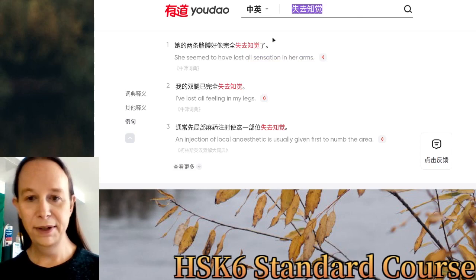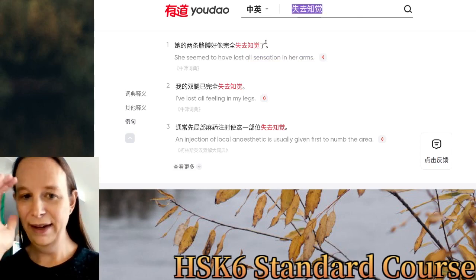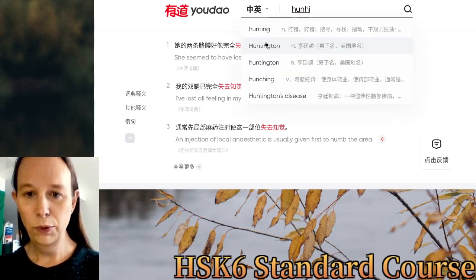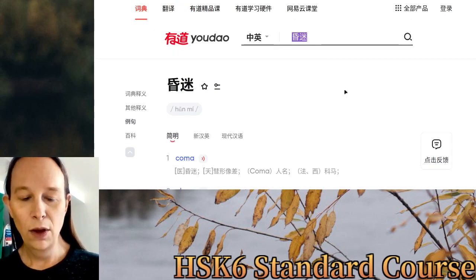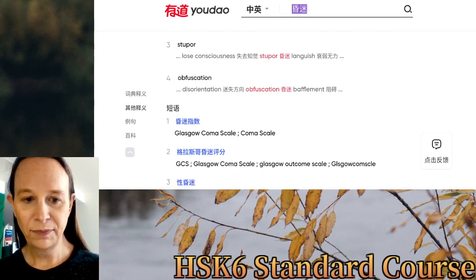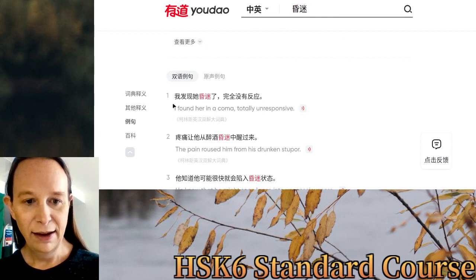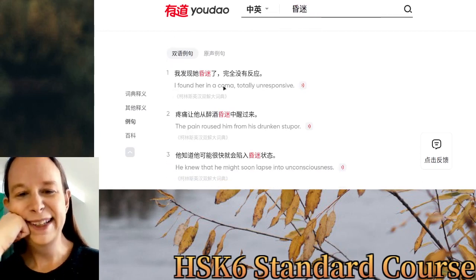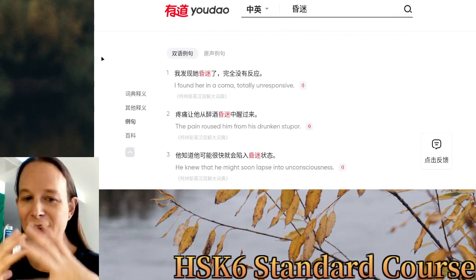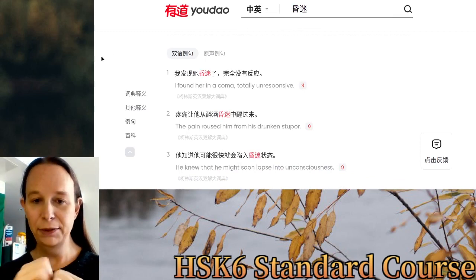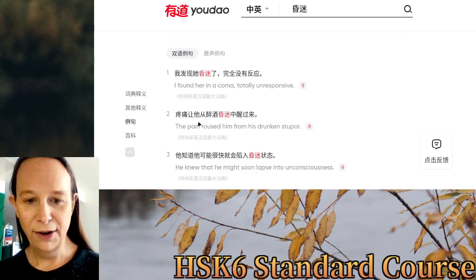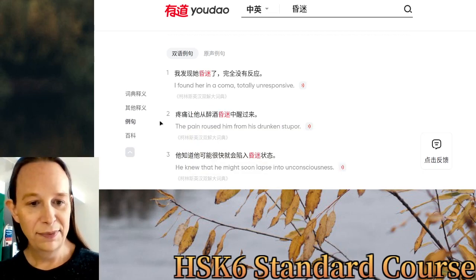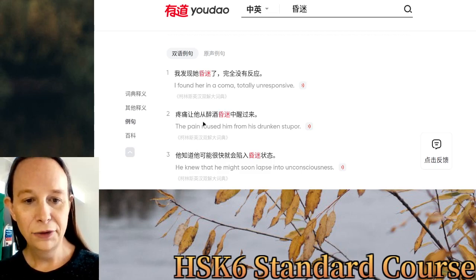Oh yeah, also perception. Maybe you enter a 昏迷状态。昏迷 is a coma. 我发现他昏迷了。From what I understand, it means coma, but it's a bit broader than the English one. More like stupor, in fact. 疼痛让他从醉酒昏迷中醒过来.